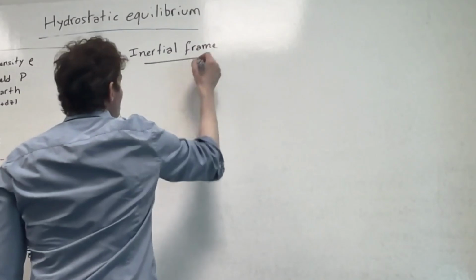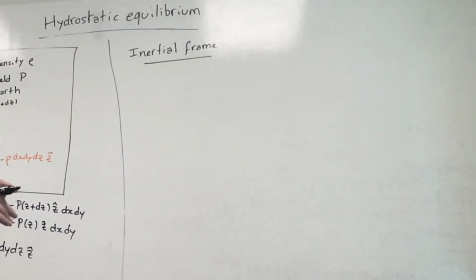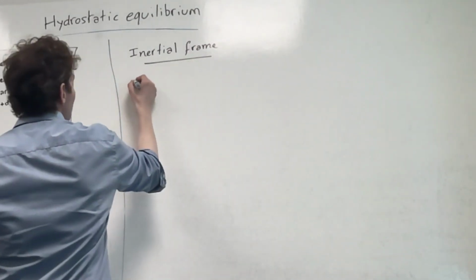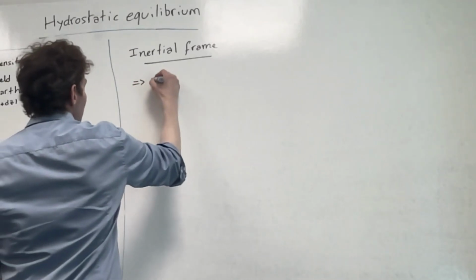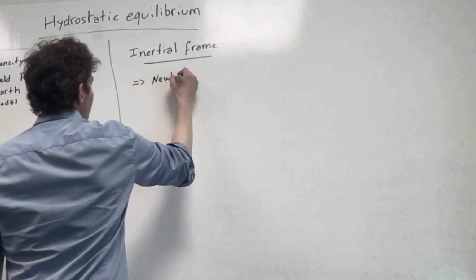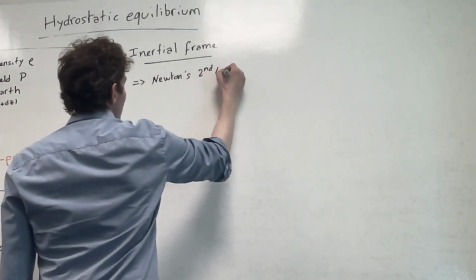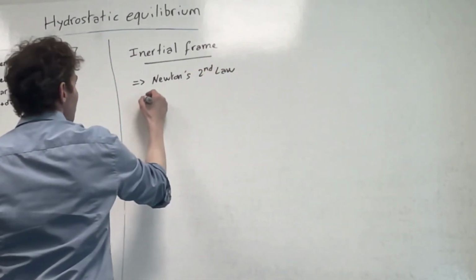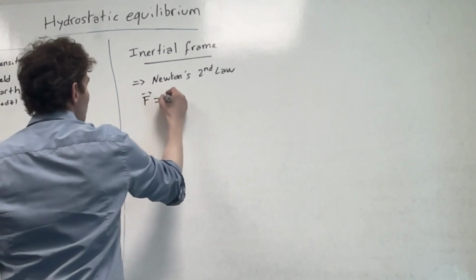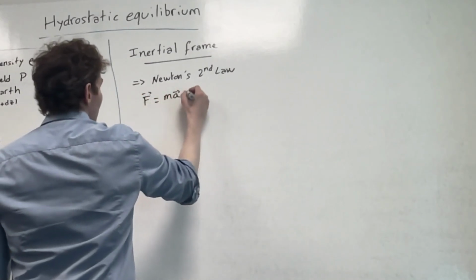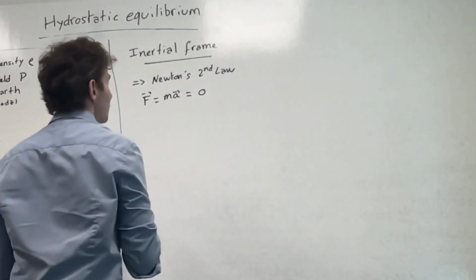That's really crucial to apply Newton's laws. And then what that entails is that I can use Newton's second law, which is F is equal to ma, and here this is equal to 0.